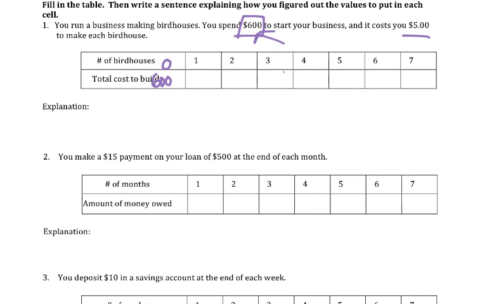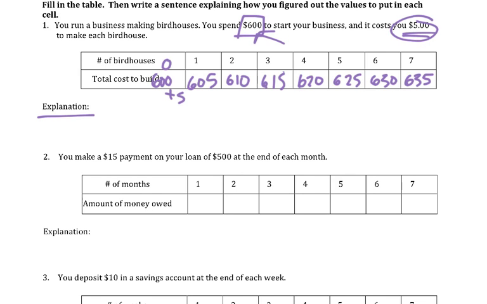So then we add that 5 to it. So I get 605, then 610, then 615, and so on, following that pattern. Then your explanation would be, it was 5 per birdhouse, and the 600 to start, so that's what told me the 600.